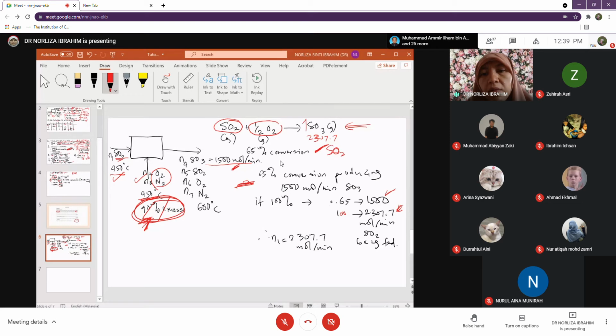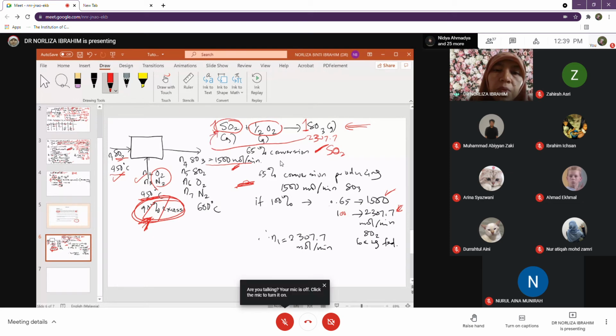If you refer to the stoichiometric coefficient, it is 1 to 1. So if 100% conversion, this is supposed to be the flow of SO2, 2307.7. You can double check that. You multiply this 2307.7 by 65% conversion, and you will get back this 1,500.